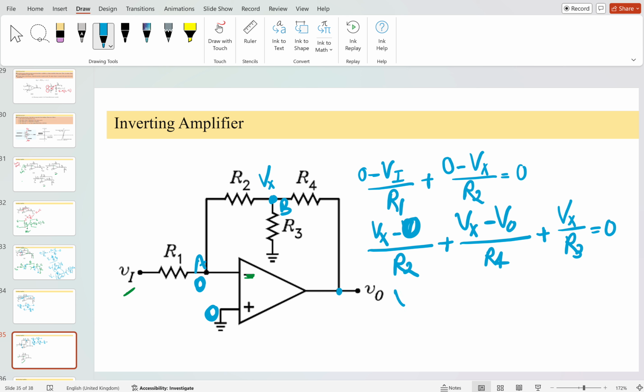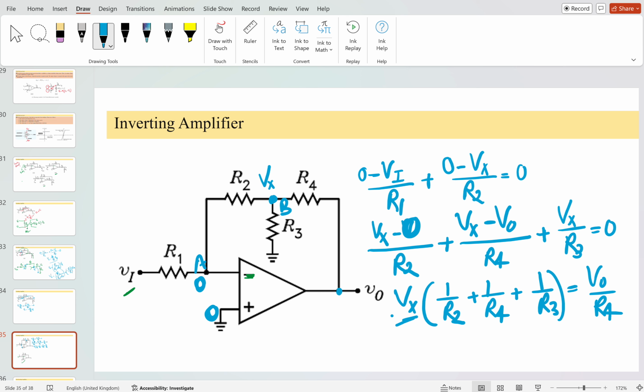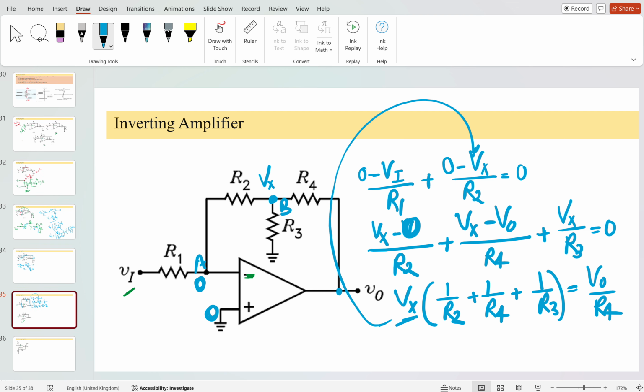Rearranging, it becomes Vx times (1/R2 plus 1/R4 plus 1/R3) is equal to V output divided by R4. Put the value of this Vx into the equation and you will get the relation between V output and V input. That is the easier way to solve this.